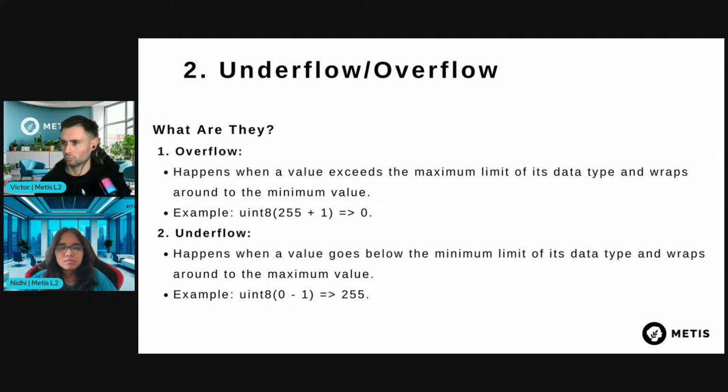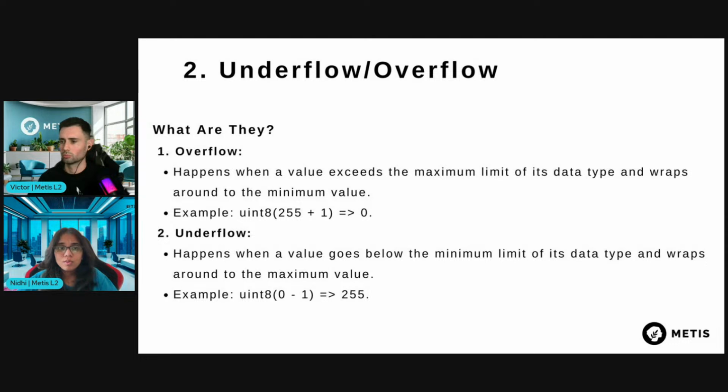First, let's see the overflow. This happens when a number exceeds its maximum limit and wraps around to the minimum value. For example, in an unsigned integer with a range of 0 to 255, if you add 1 to 255, the result will wrap around to 0.